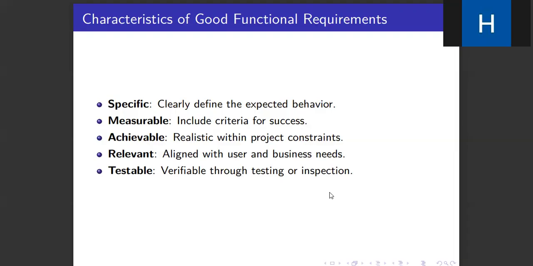Then your answer is very strong, with nicely detailed functional requirements rather than just writing login. You can specify what kind of login, and you can specify the measurability of this scenario. You can specify the achievability of this login scenario, whether this proposed mechanism is relevant or not, and whether this is testable or not. So you can easily explain all of these simple things.